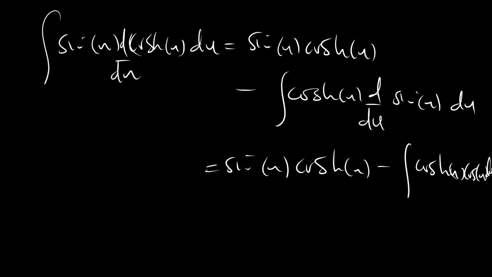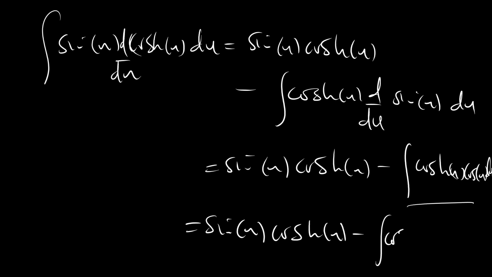Okay, we can have a nested situation here. Well, we can say that this is sine of u cosh of u minus cosine of u times the derivative of sinh of u.